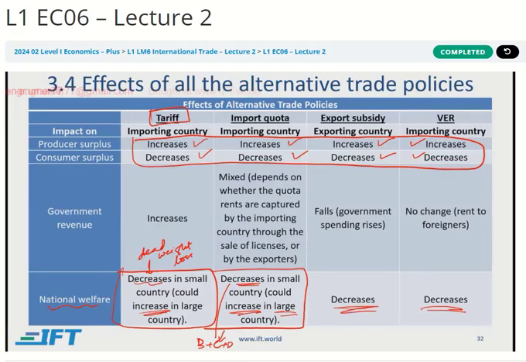Even in the case of an export subsidy, overall national welfare is lost, because you are sending out cheaper products to the world and you are actually paying for that discount yourself.